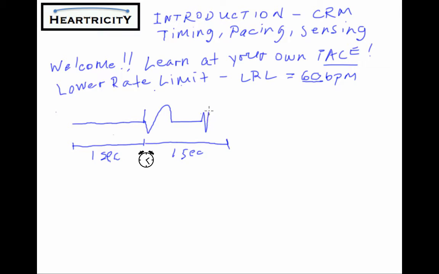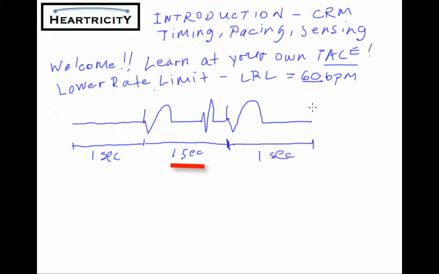But then there's what we call an intrinsic beat that takes place, or an intrinsic QRS. This is when the heart tissue depolarizes, or more simply, the heart beats on its own without being paced. So a very old pacer would just wait until that 1 second elapsed and then just pace again and so on, essentially ignoring that intrinsic QRS.